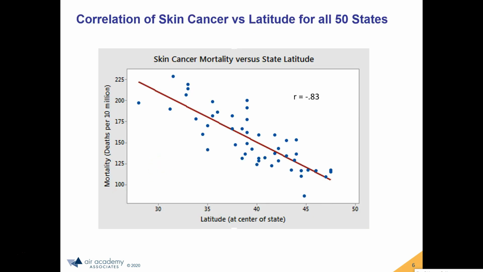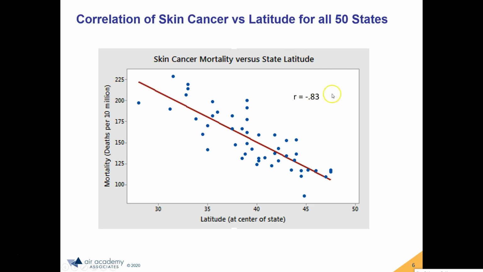Here's an example of the correlation of skin cancer mortality versus latitude for each of the 50 states. Now, there are 50 dots there, and the line that goes through those dots is called the regression line. And that's the line I've been referring to, and you can look at the line and see that in this case it's a negative slope, so the R is negative.